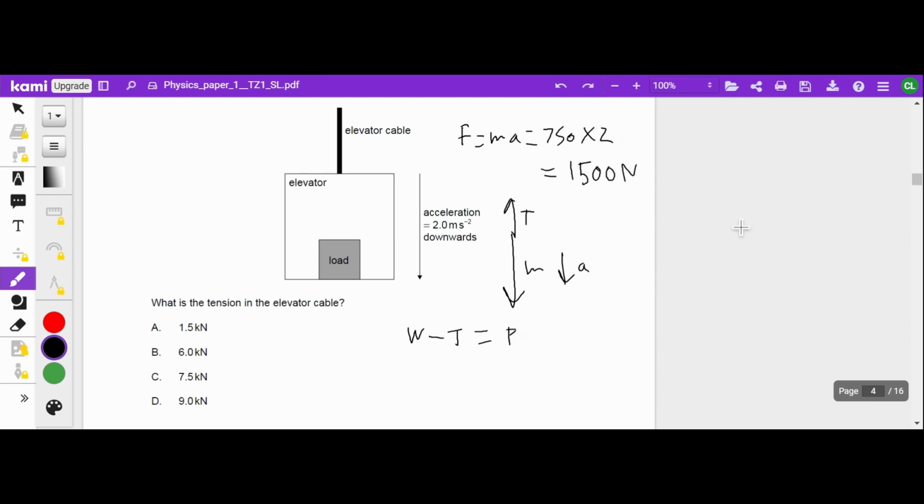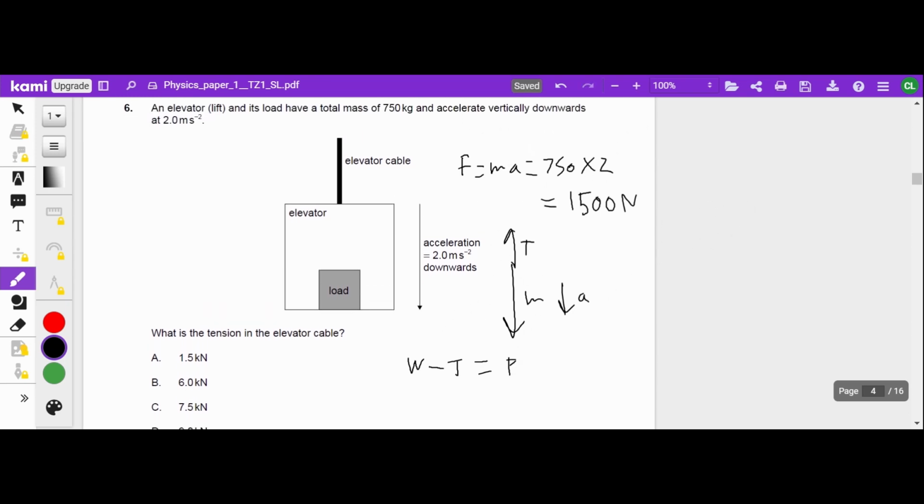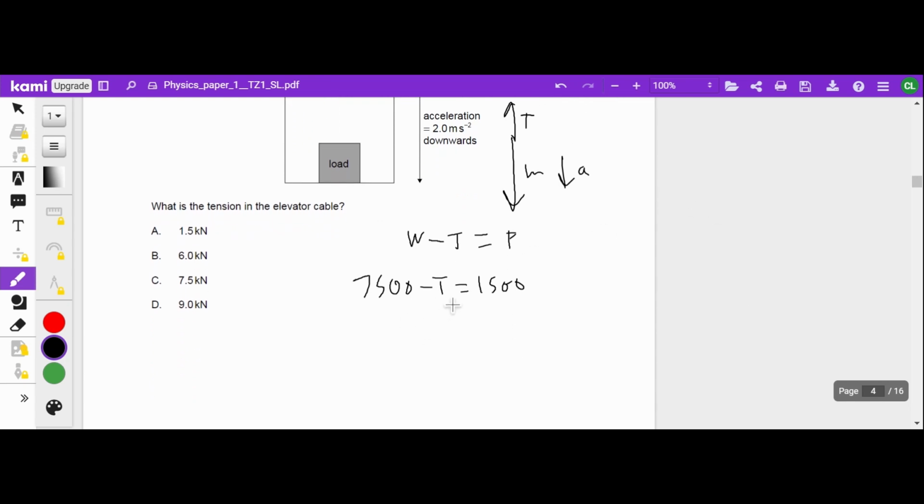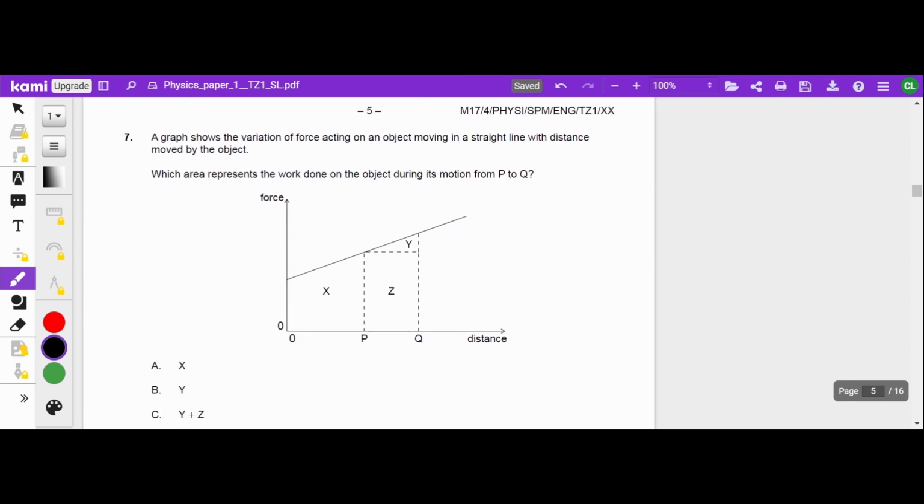The weight, using gravity as acceleration, we can just times by 10, so 7,500 minus tension equals 1,500. Then just rearrange, and we get tension is equal to 7,500 minus 1,500, so that's 6,000 newtons, or 6 kilonewtons.